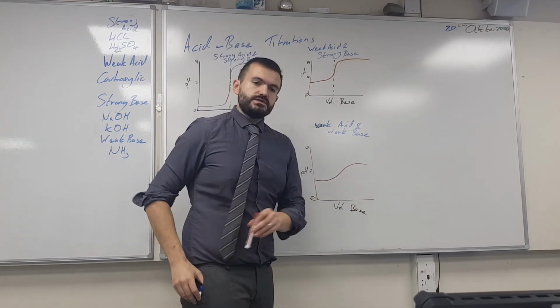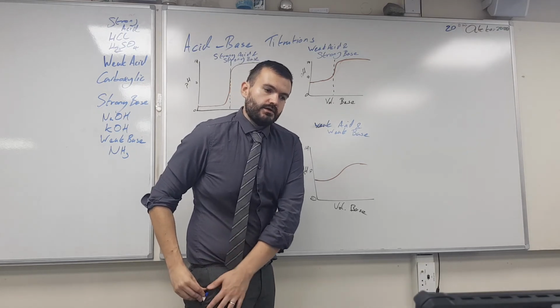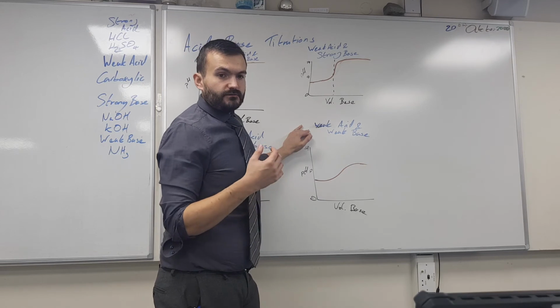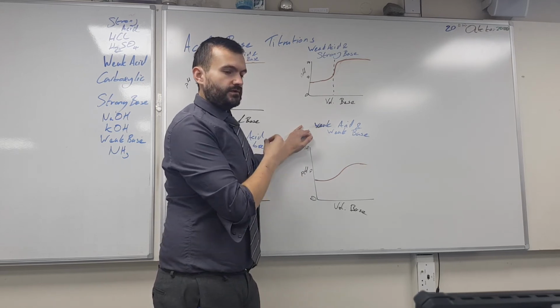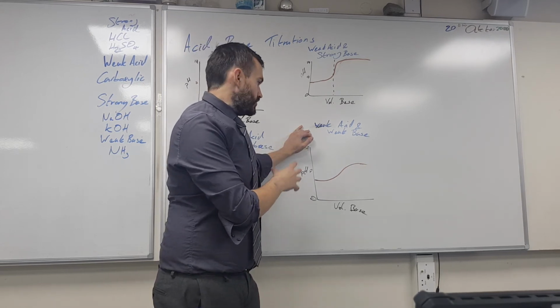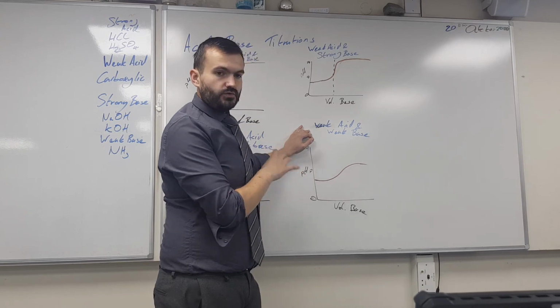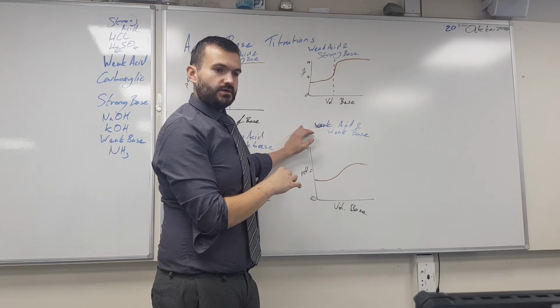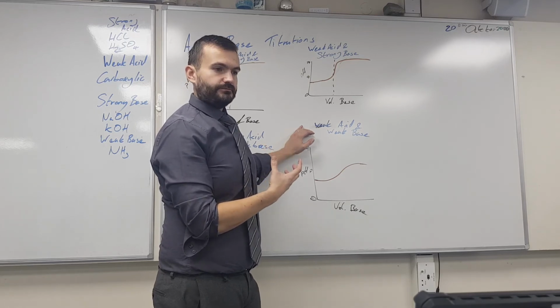There is no good equivalence point on your weak acid, weak base. It's very, very difficult to find that equivalence point. So at this point, you wouldn't bother. If you've got a weak acid and you've got a weak base, you would perform a back titration.